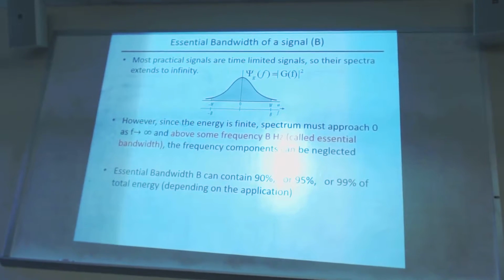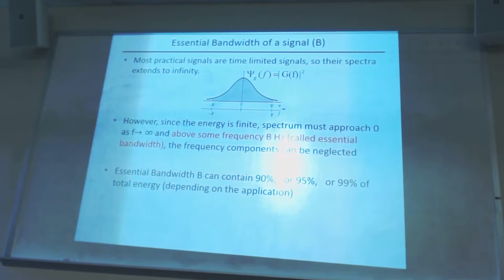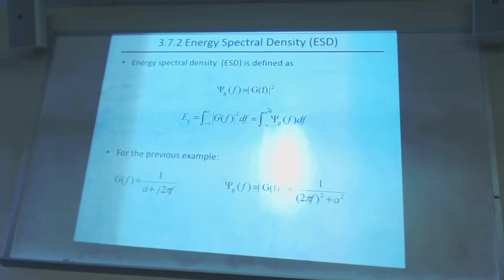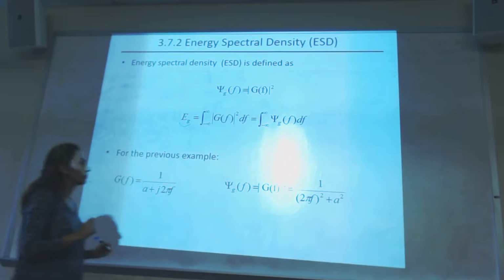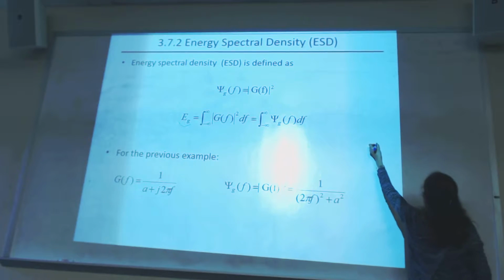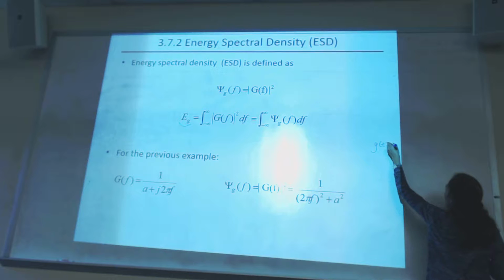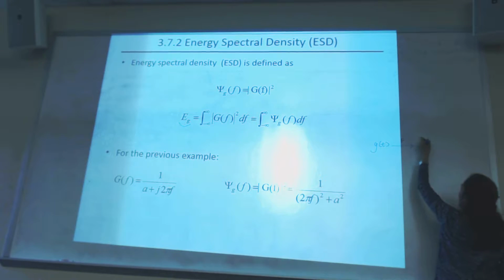So anybody remember the definition of bandwidth? Let's forget about this slide. For a signal g(t), correspondingly, if I take the Fourier transform G(f), what is bandwidth?